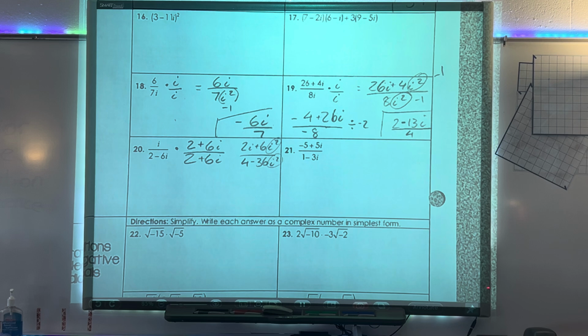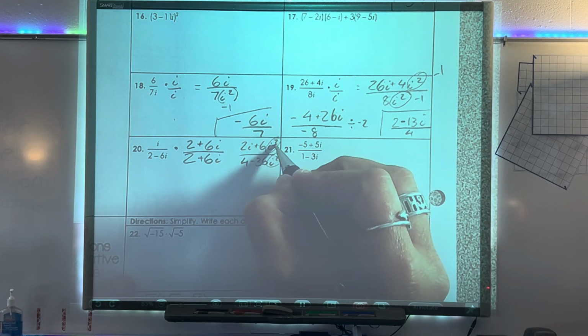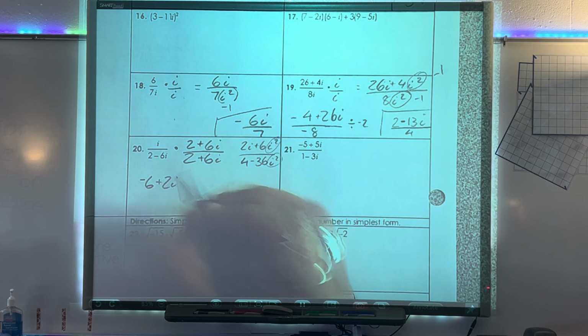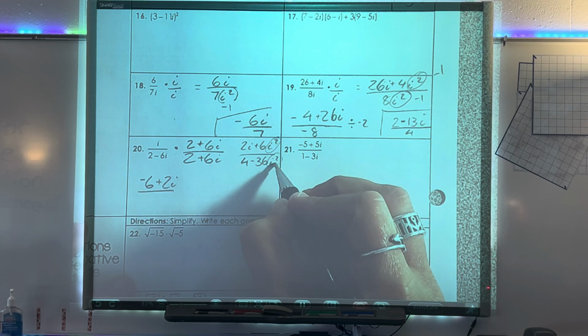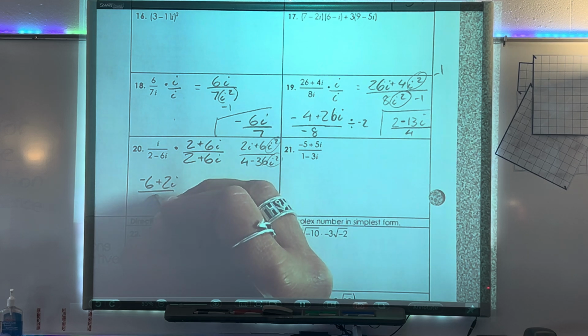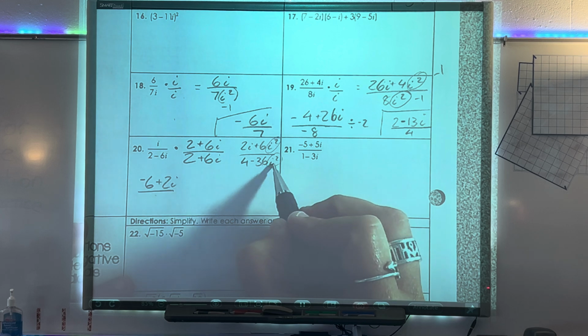We okay there? So when I make this a -1 times 6, I'm gonna have -6 plus 2i on the top. And when I make that a -1, that's gonna be a positive 36, and 4 would be 40. Yeah, because this is a -1.